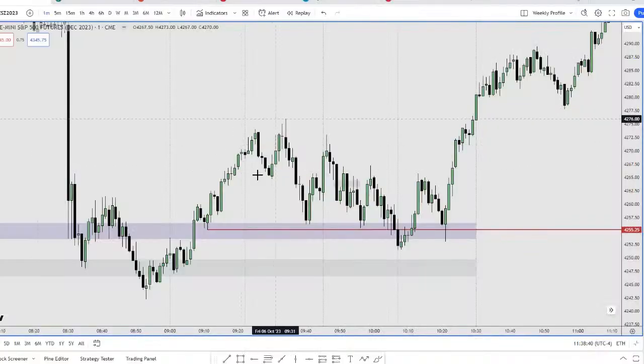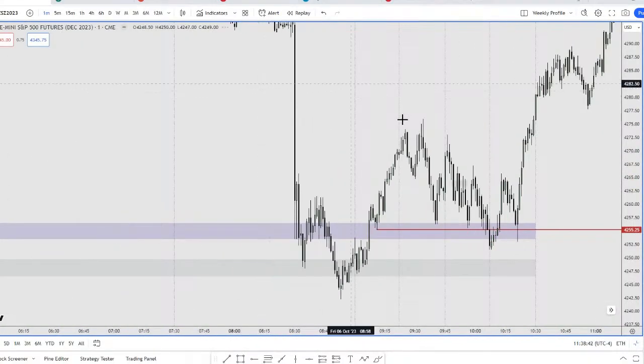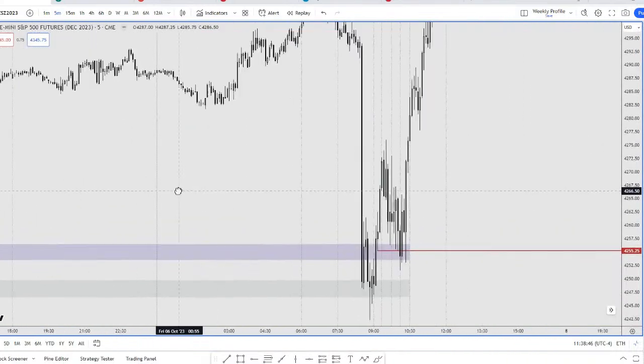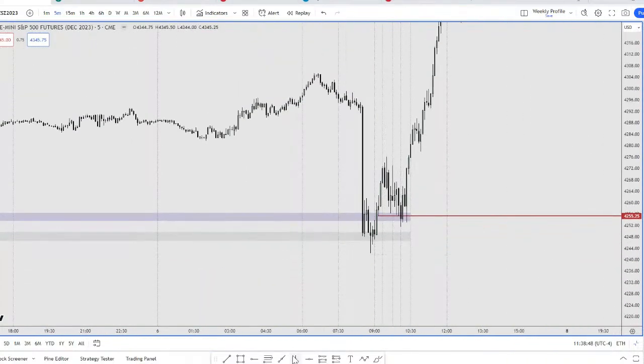The current dealing range is from this high to this low. This is the current dealing range.